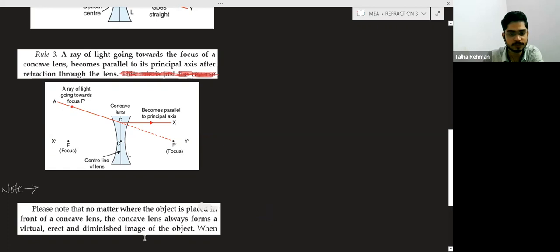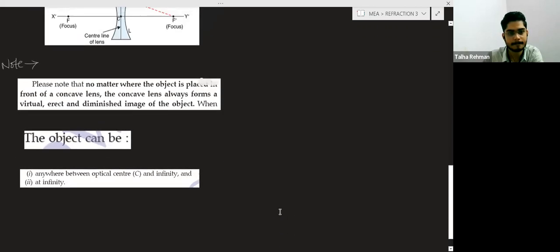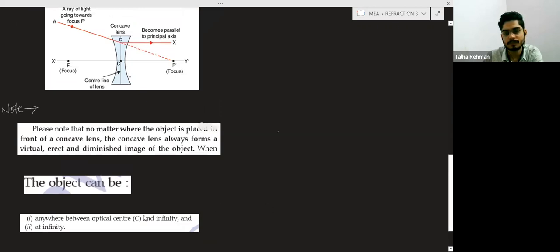Okay, note down this point also. So how many positions will be there? One position, you can place the object between the optical center and infinity. Secondly, you can place the object at infinity. So there will be two positions of the object.